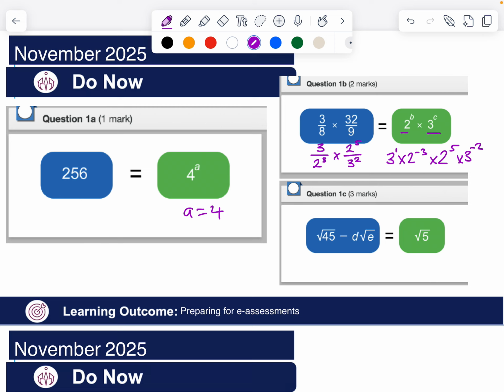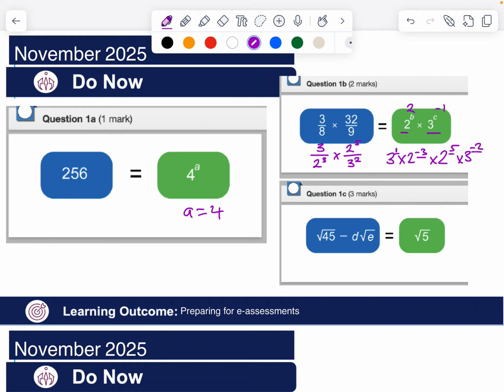If we start with the 2s, negative 3 add 5 is going to give you 2. So B is 2. And then 1 add negative 2 is going to give you negative 1. So B is 2 and C is negative 1.